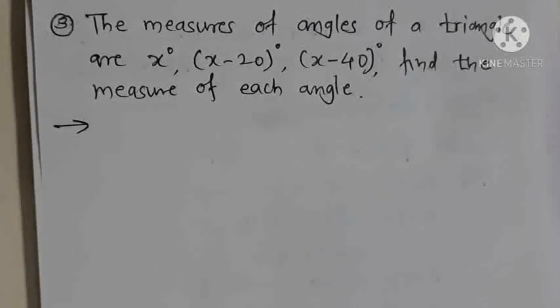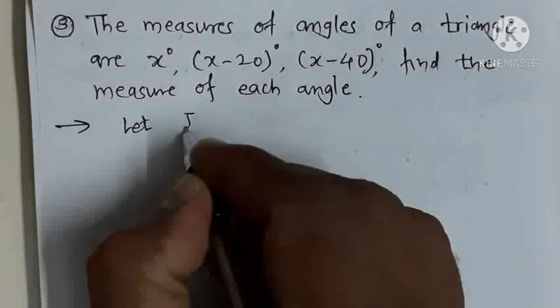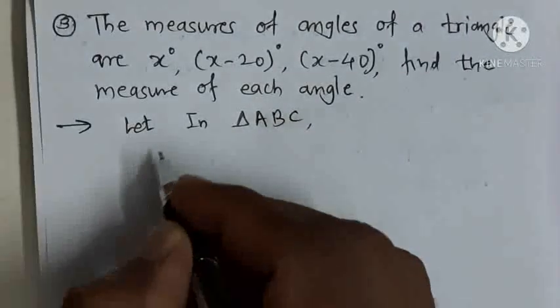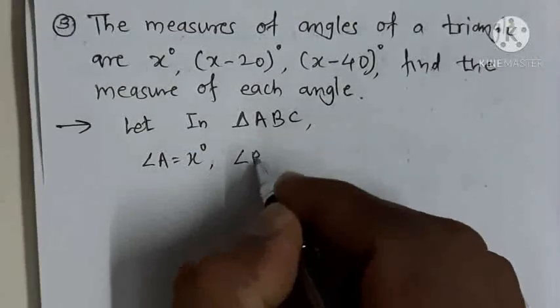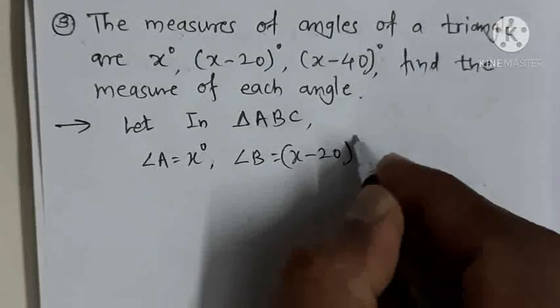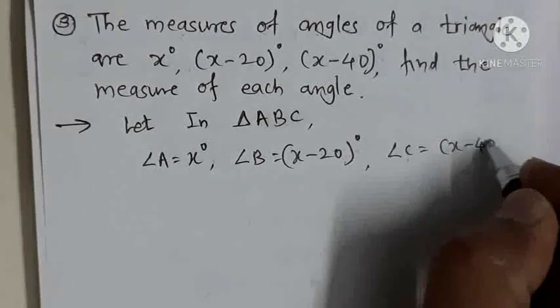Now question number 3. The measures of angles of a triangle are x degrees, x minus 20 degrees, x minus 40 degrees. Find the measure of each angle. Now let in triangle ABC, angle A is equal to x degrees, angle B is equal to x minus 20 degrees, and angle C is equal to x minus 40 degrees.